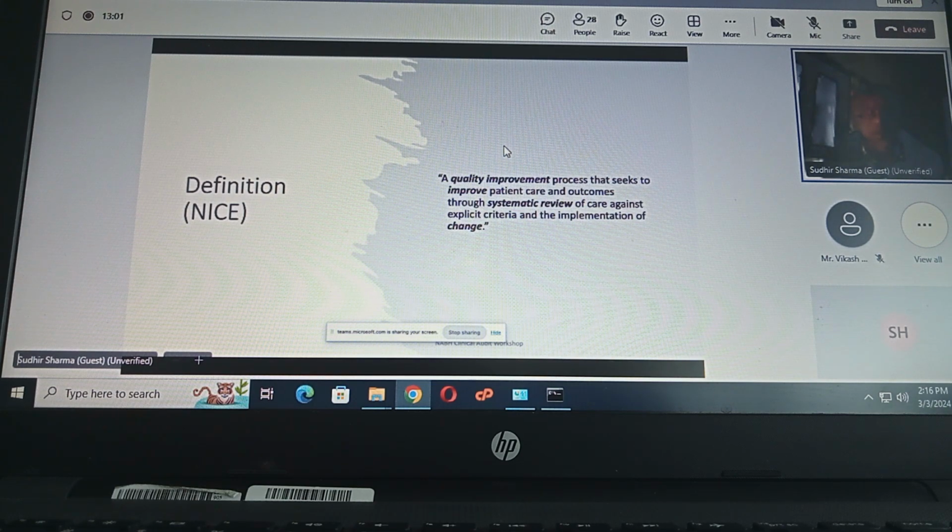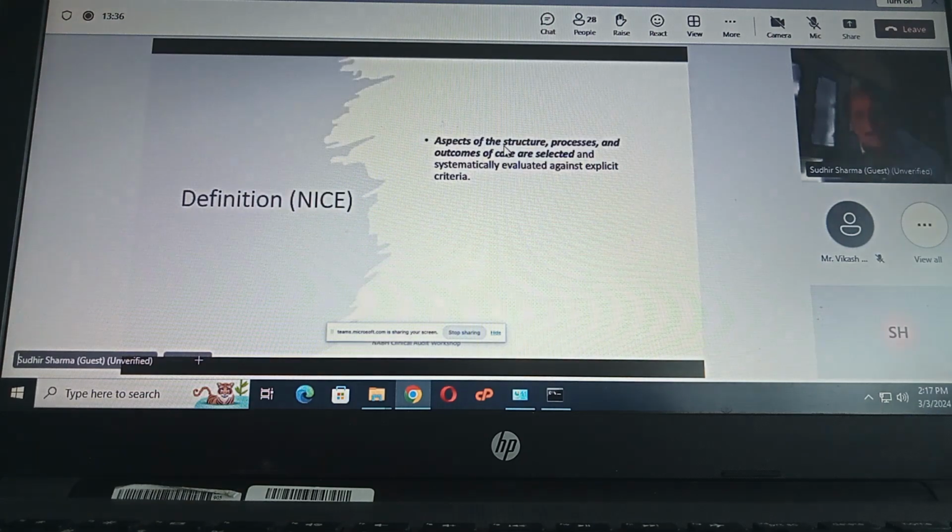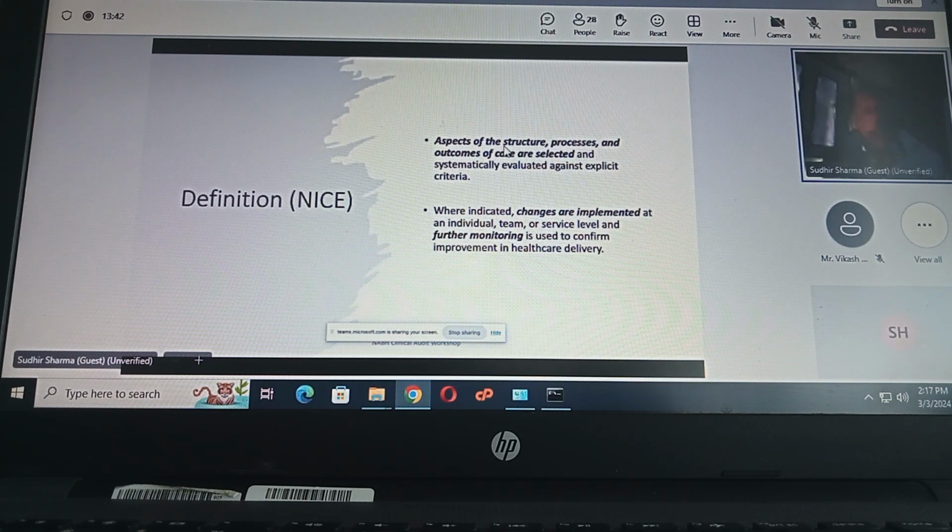Number two, comparing that data collected with explicit criteria. This completes the audit cycle. The change implementation completes. What is audited? Aspects of structure, process, and outcome are evaluated, and changes are implemented.